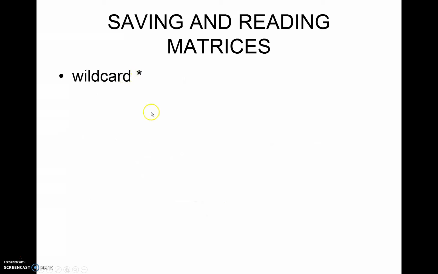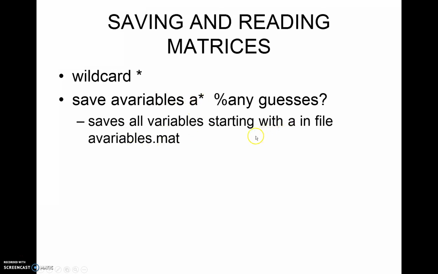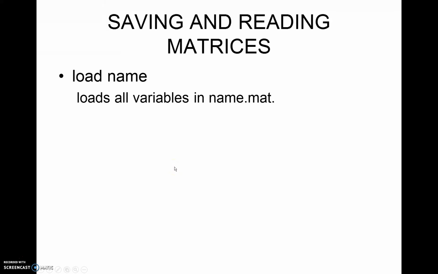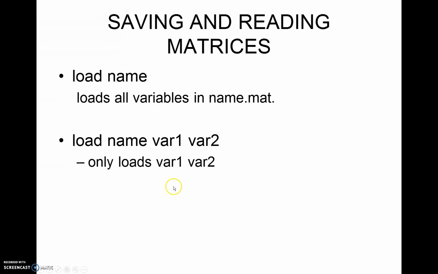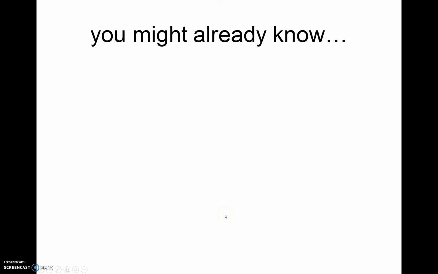You could even use the star command to pick a whole bunch of variables that all start with some letter, say the letter A. So save all the variables starting with an A in a file called avariables.mat. So you could load all the variables. You could load certain variables from the matrix, say just variables 1 and 2. There's more powerful load options later in the semester that we'll talk about.